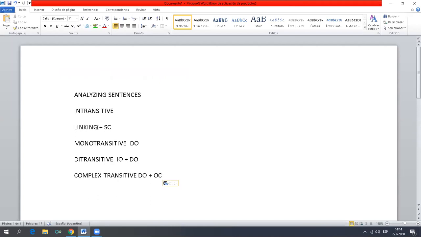If it is a linking verb, which requires a subjective complement, or an adverbial complement, a monotransitive verb, which is followed by a direct object, a ditransitive verb, which is followed by an indirect object and a direct object, or a complex transitive verb, which requires a direct object and an objective complement. Okay? What about the verb to be, the one in our sentence?